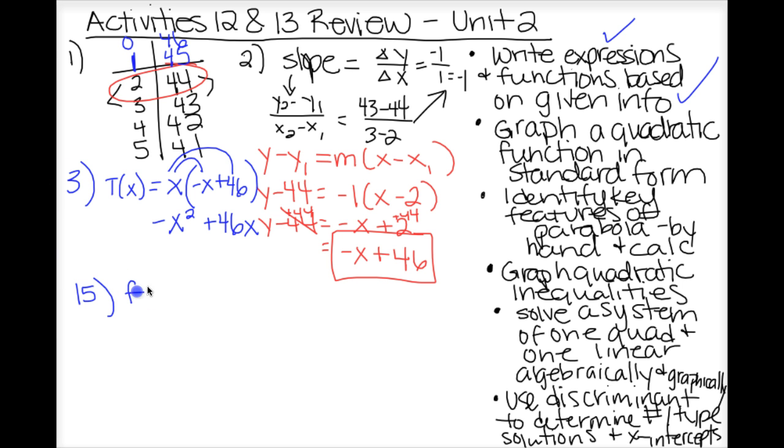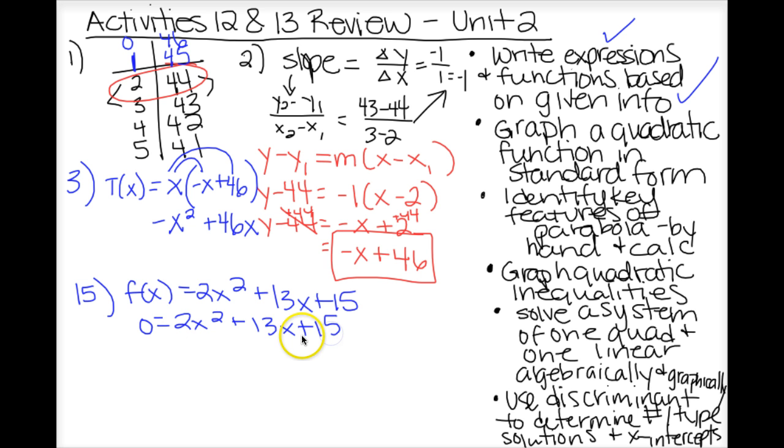So you're given f of x equals 2x squared plus 13x plus 15. This is meant to be done by hand here because this is not a real life situation and we're not graphing it. So to find the x-intercepts, remember that you put 0 in for y and then you solve.